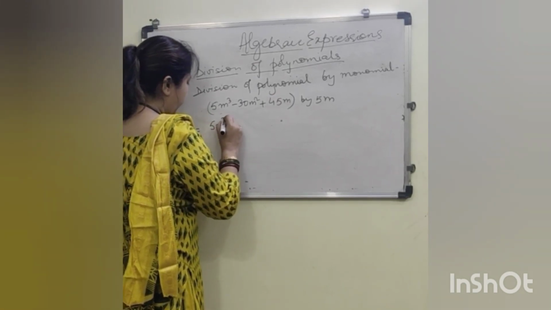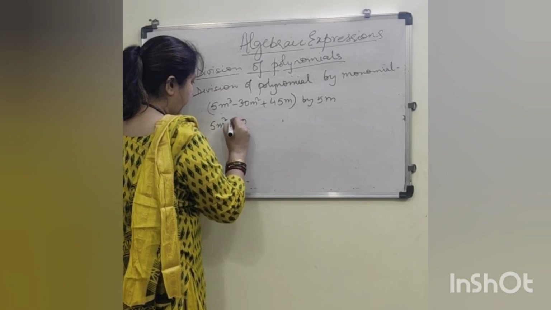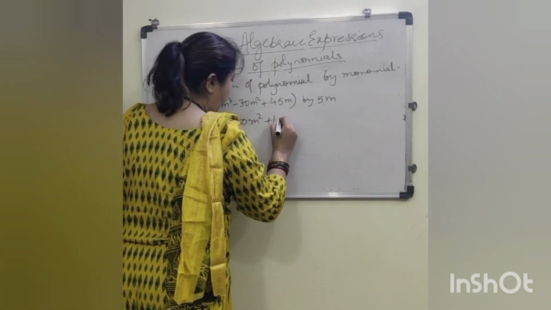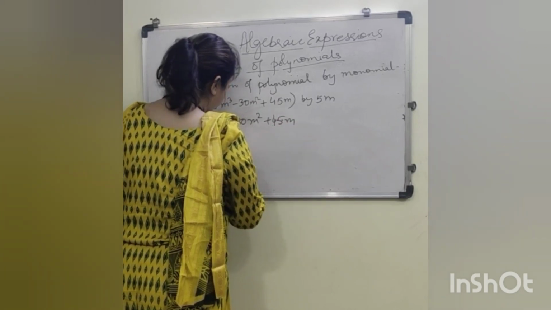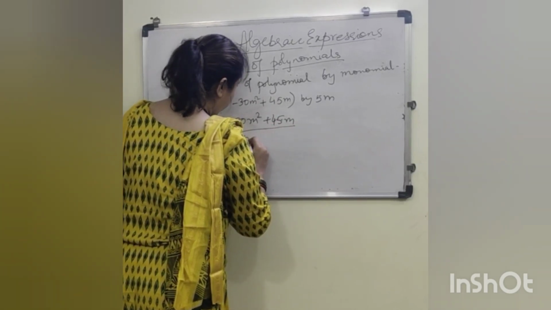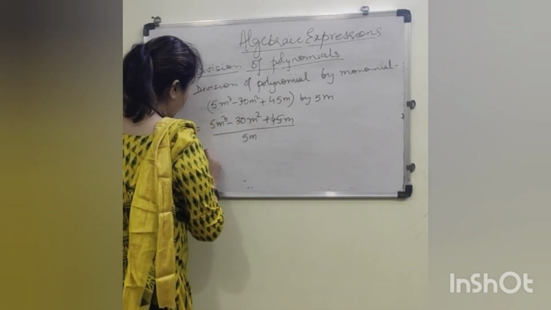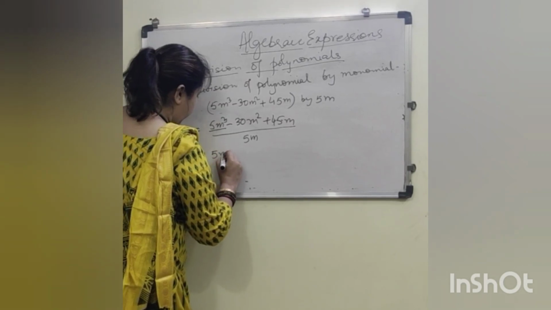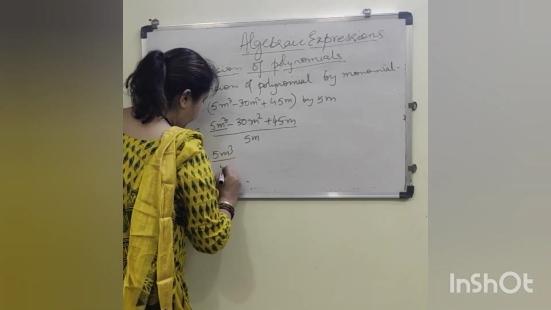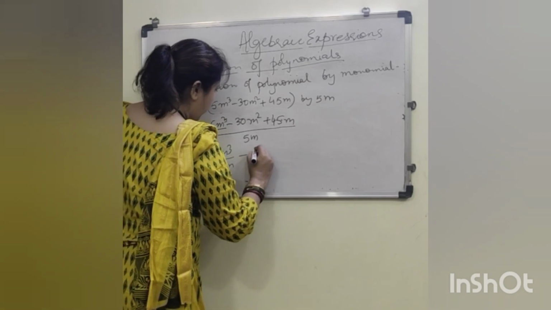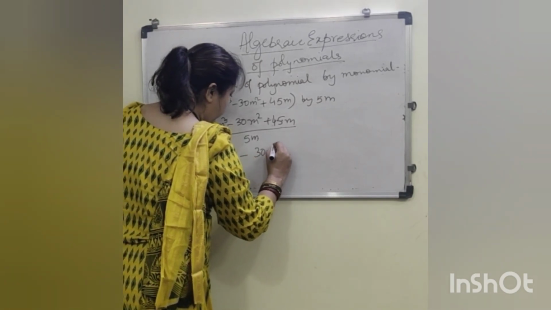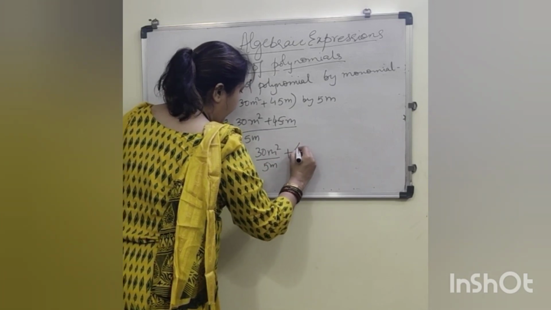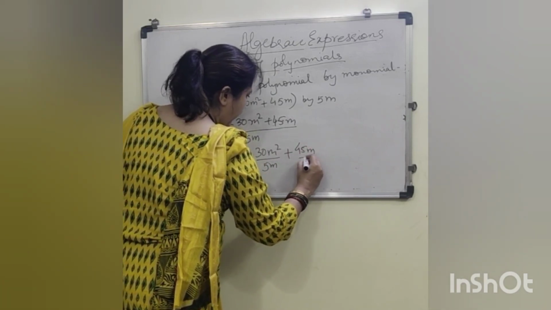5m cube minus 30m square plus 45m divided by 5m. Now what we do, under each term we will write this 5m. 5m cube over 5m, minus 30m square over 5m, plus 45m over 5m.